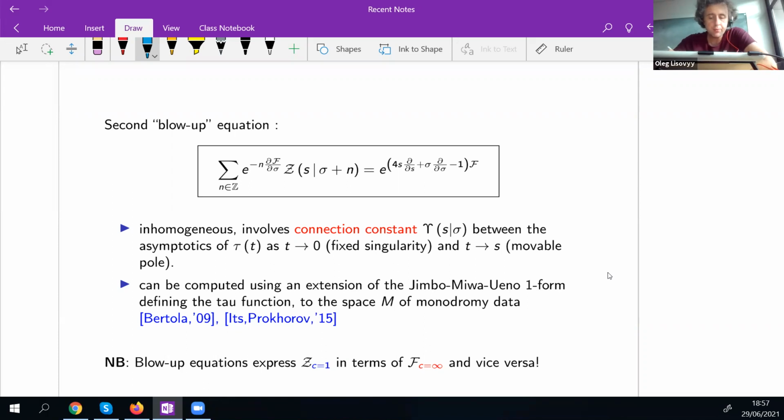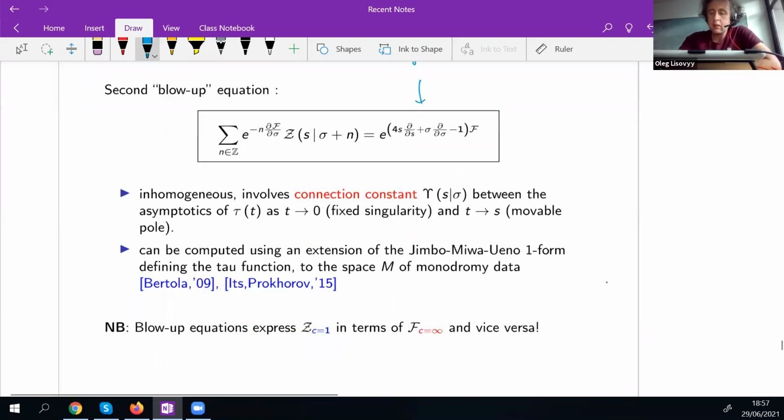This can be computed using a certain extension of this one-form defining the tau function from the space of isomonodromic times to the space of monodromy data. And so this is basically what it gives you.